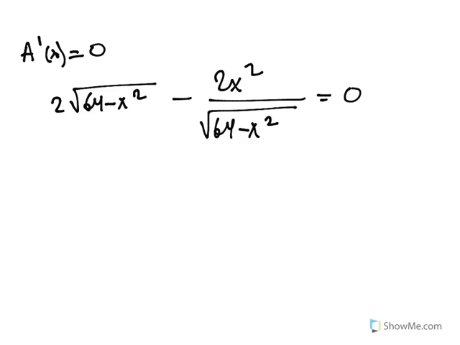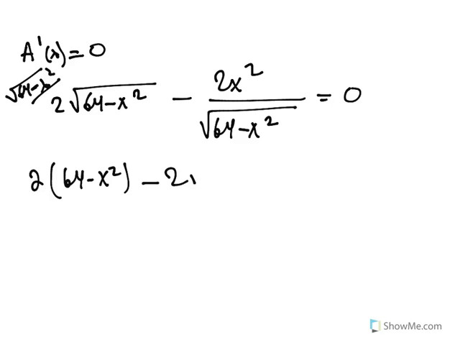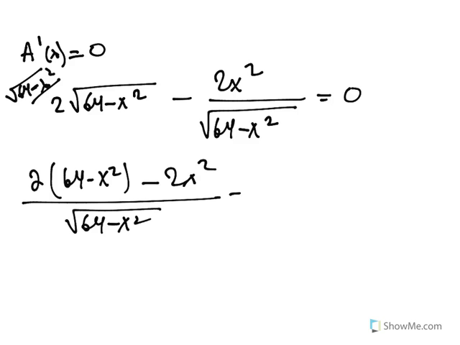Common denominator, so we get 2 times 64 minus x squared, right? Because we're multiplying by the square root of 64 minus x squared. Minus 2x squared all over the square root of 64 minus x squared equals 0.